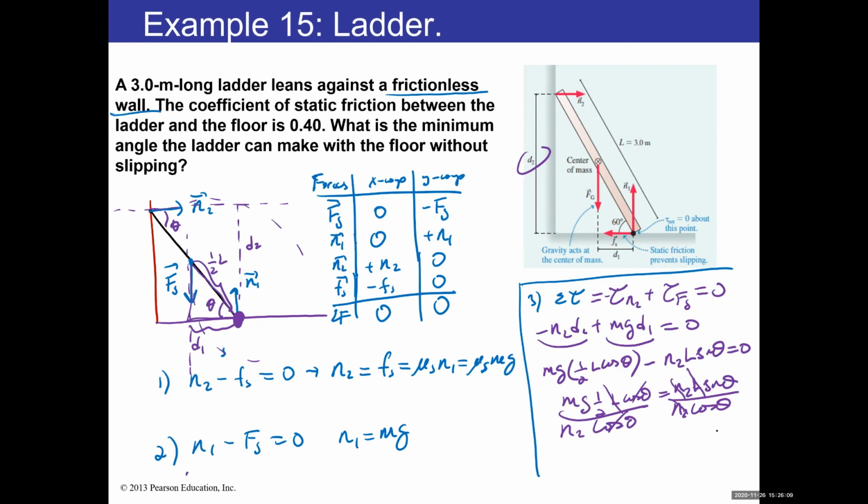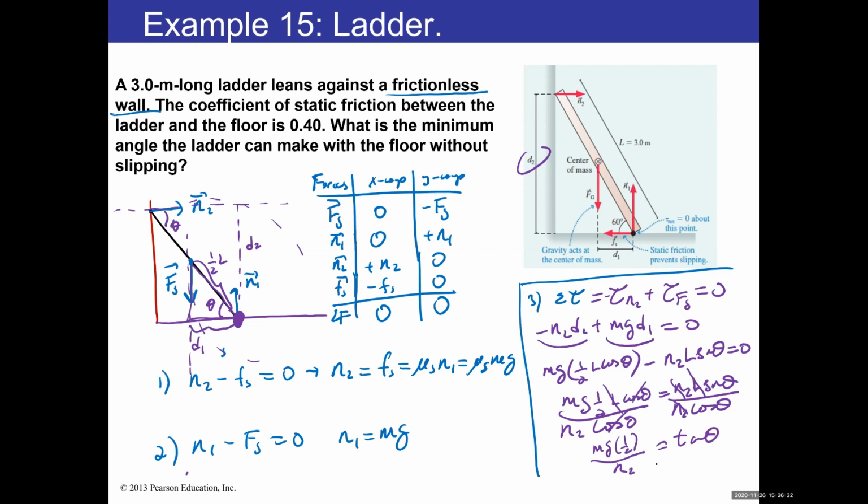I'm eliminating everything on the right side, so I have sine over cosine, which is the tangent of theta. What survives on the left side is mg times 1/2 over N2.